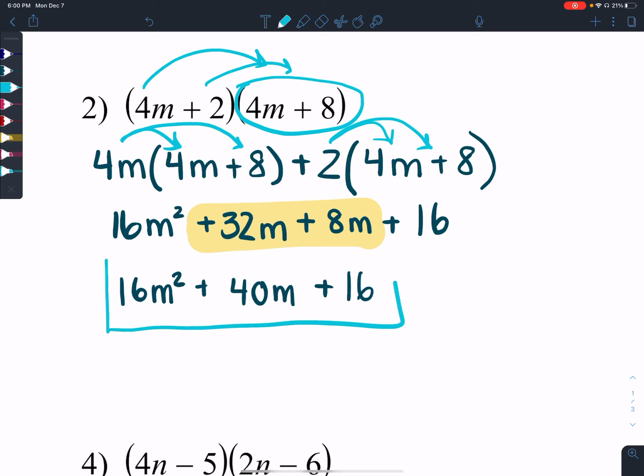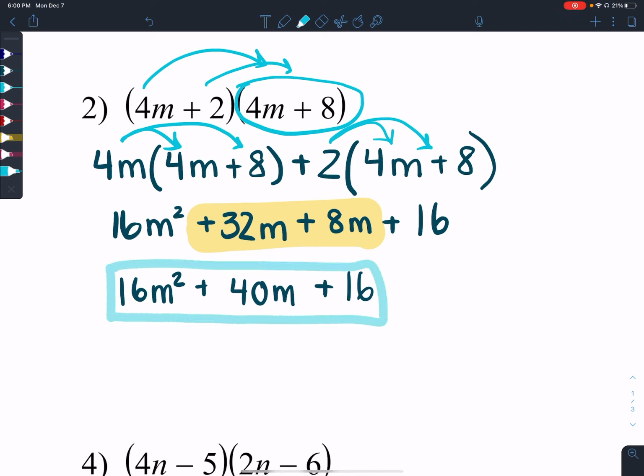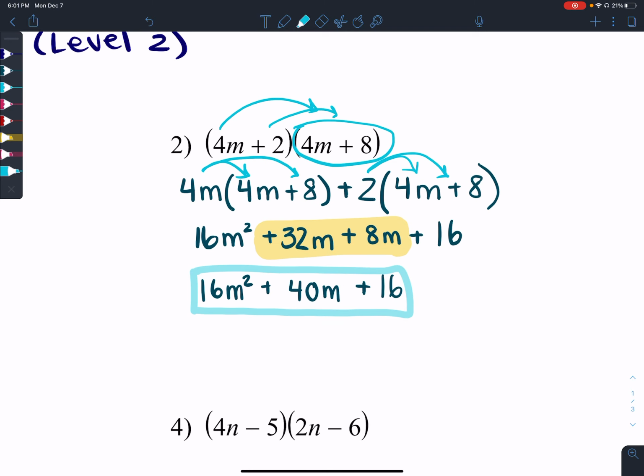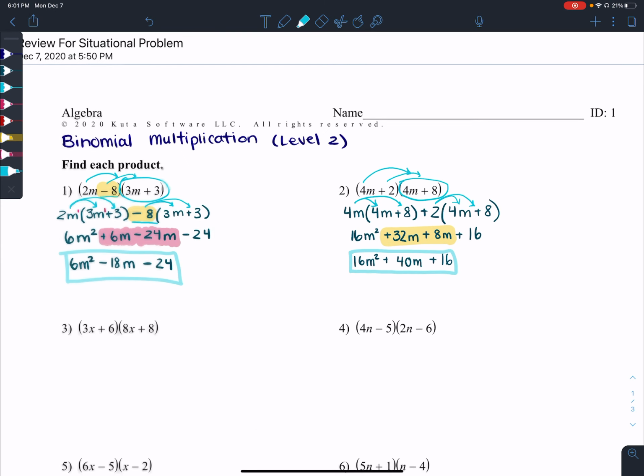Now that is the final answer. I wanted to highlight that. That's more fun. There we go. So that has been 2 examples of level 2 multiplication, or binomial multiplication.